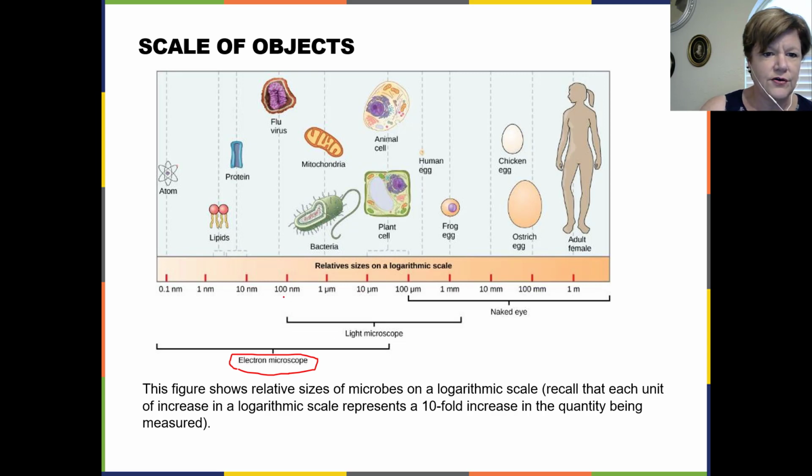So light microscope, that's the kind that we would have used in lab. And you can see individual bacteria, but you can't see detail within a bacterial cell using a light microscope. But you can see them. They're pretty small. You can see some of the larger cell structures, like the nucleus, for example, on that last slide.